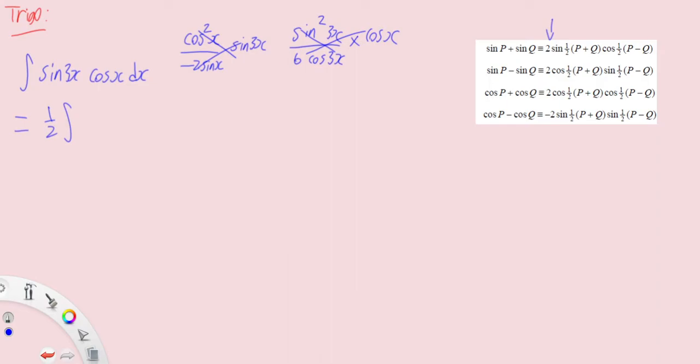Half. Then we proceed to do some simultaneous equations to find the value of p and the value of q. So we have half p plus q equals 3x, half p minus q equals x. Or what I like to do is change the 3 and 1 to 6 and 2. Why is that so? Slightly easier.